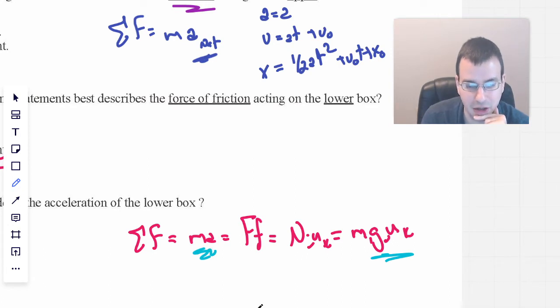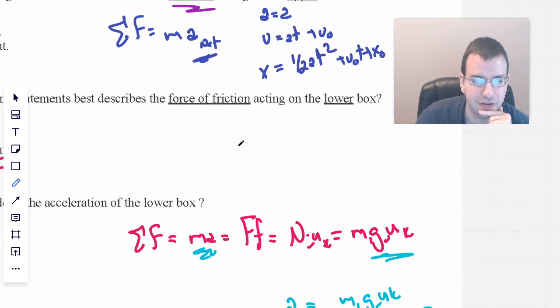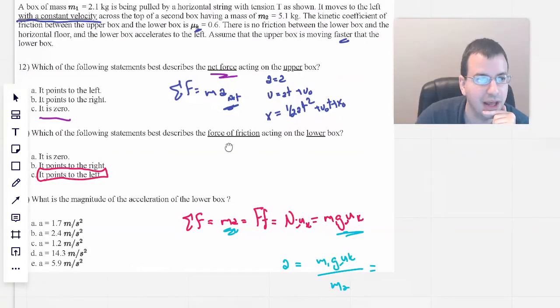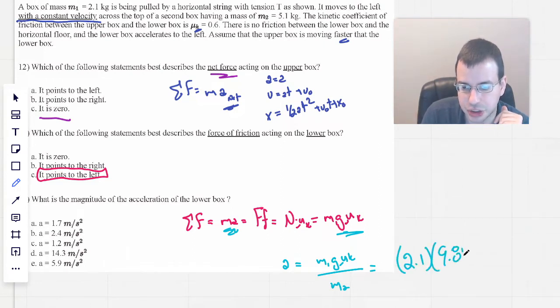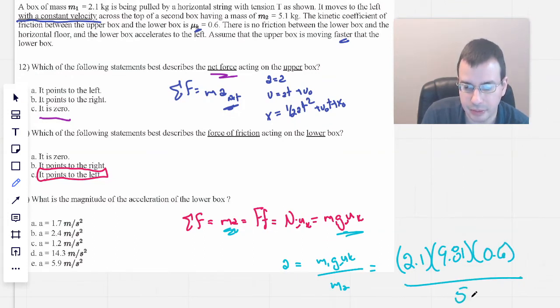So acceleration equals mass 1 times gravity times mu k, over mass 2. So we have 2.1 times 9.81, which is gravity, times mu k, which is 0.6, all over 5.1.